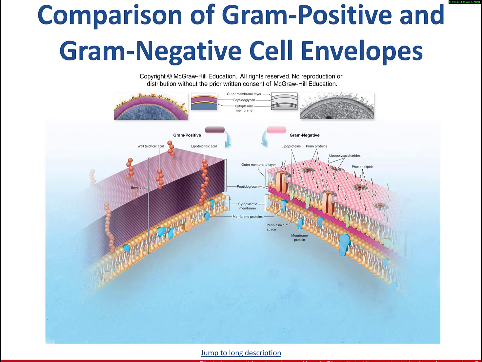Look at the peptidoglycan, where in the gram positive, salt, well, osmotic pressure, you would imagine this would become more susceptible, as an example.